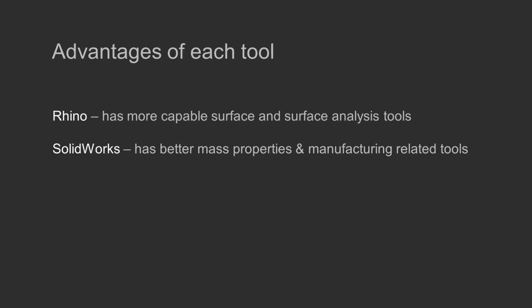So, the reason for the popularity of Rhino and Alias particularly is that they are more capable Class A surface modelers than SolidWorks. And they're also less expensive and easier to use than NX or Creo. Although Creo and NX are capable surface modelers and even Class A surface modelers.